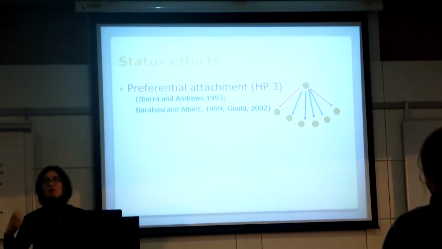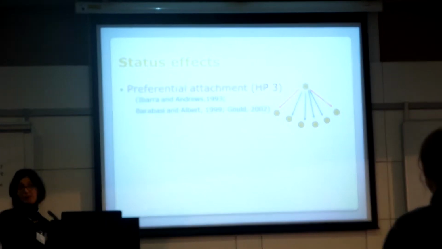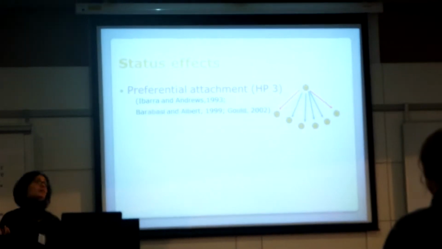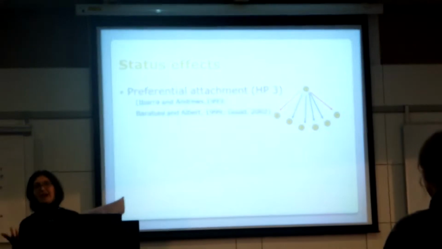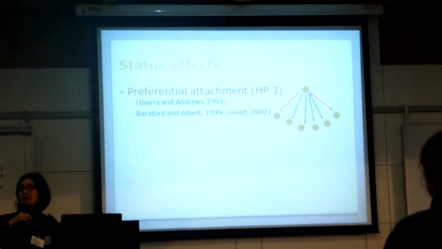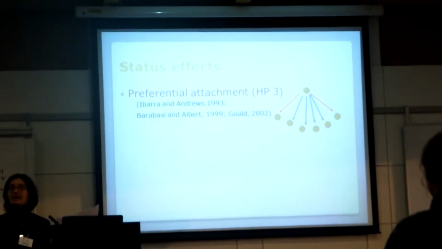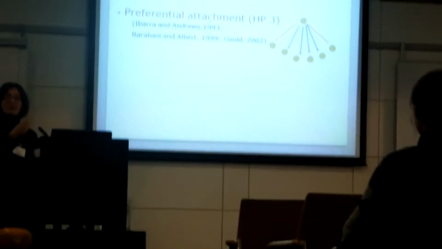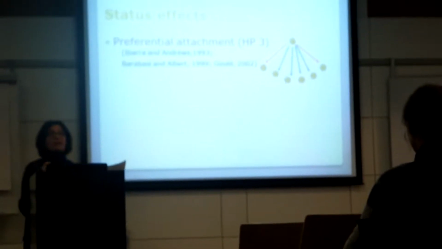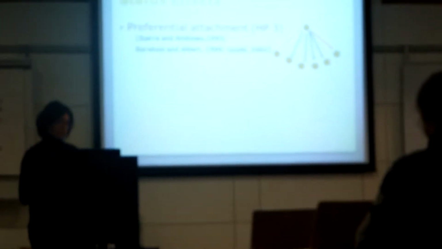So it will become what's called in the literature a hub. And there are many empirical studies on real networks that show that some networks are really characterized by a hub, a firm that has many ties, and the rest of the firms that are weakly connected or have very few ties.